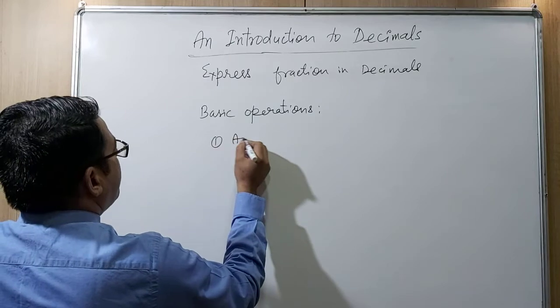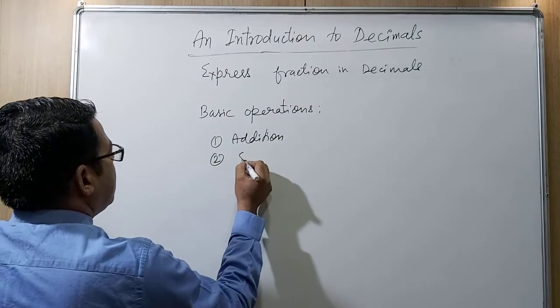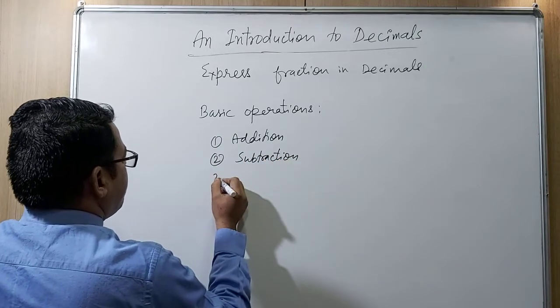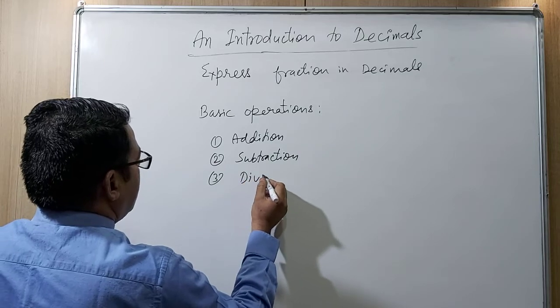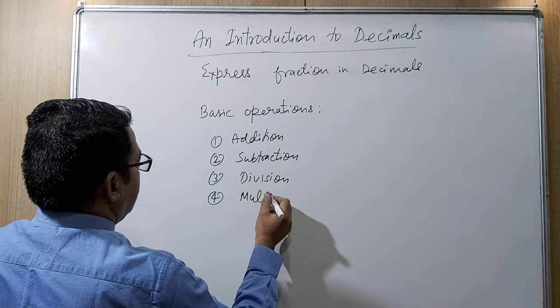What are the basic operations? There are four basic operations: addition, subtraction, division, and multiplication.